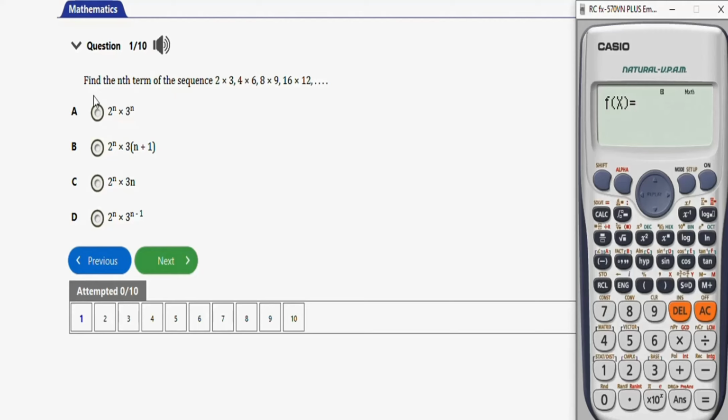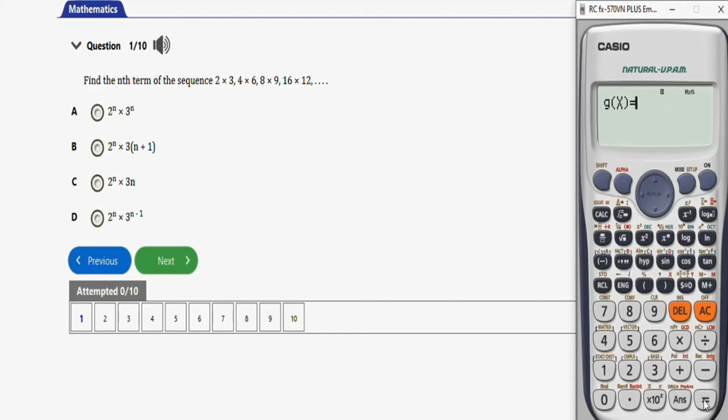Let's evaluate option A now, to be 2, and we're going to replace n with x, alpha, and this button, times 3, alpha and this button. So that's it. This is our f of x.